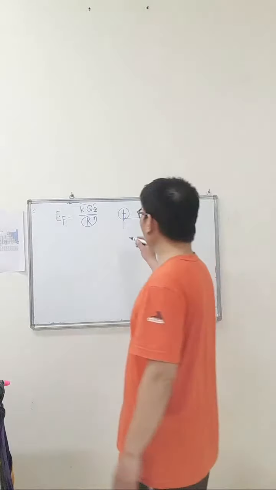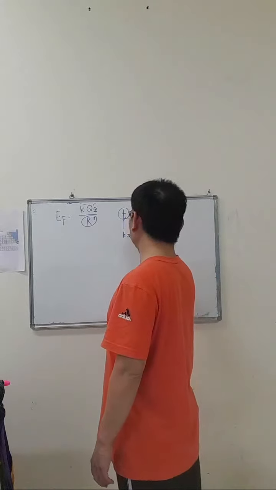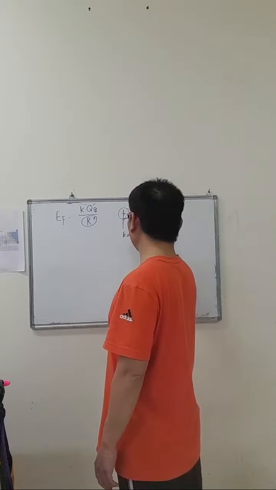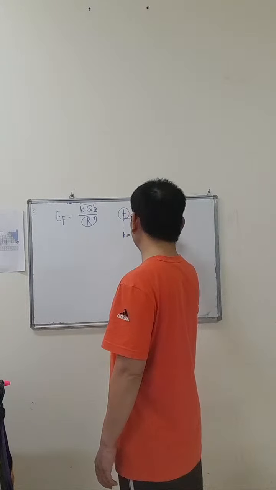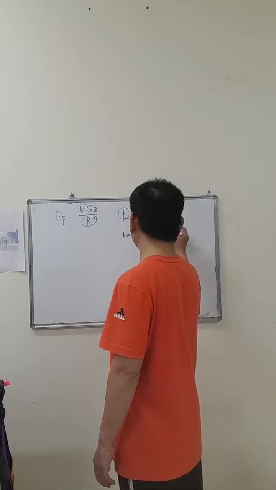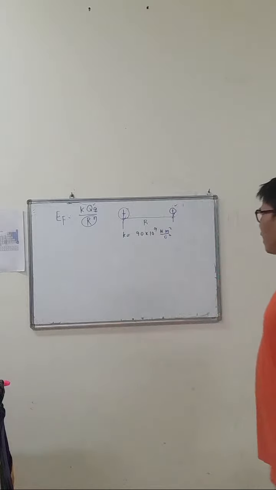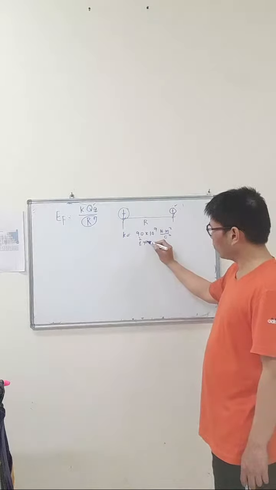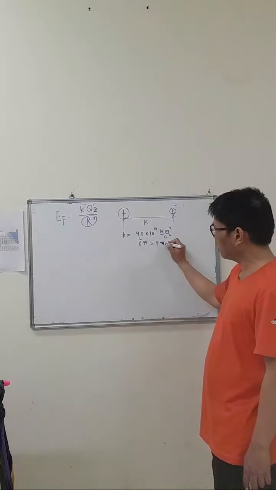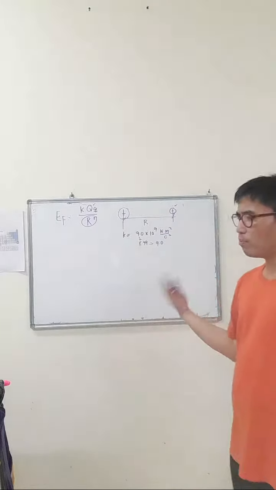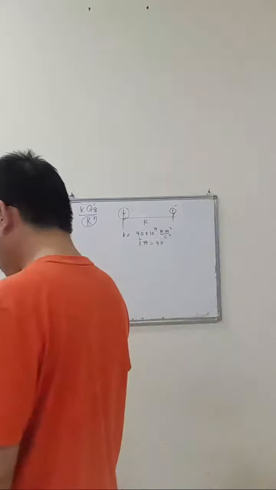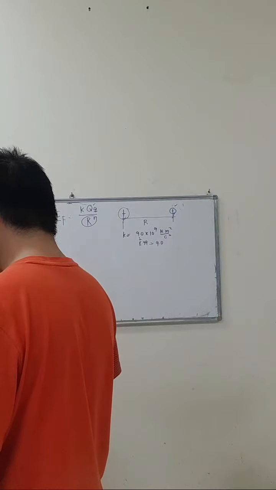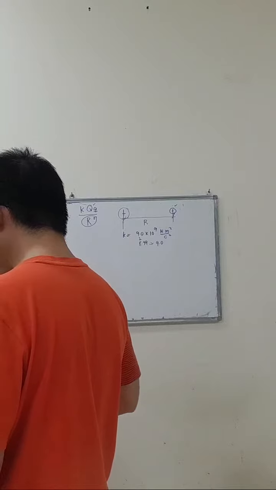Now, your K here is the electric force constant, 9.0 times 10 to the 9 Newton meter squared per coulomb squared. Now, take note, this is also 8.99 by derivation, but they round off to 9, because 9 minus 8.99 is equal to 0.01 something.